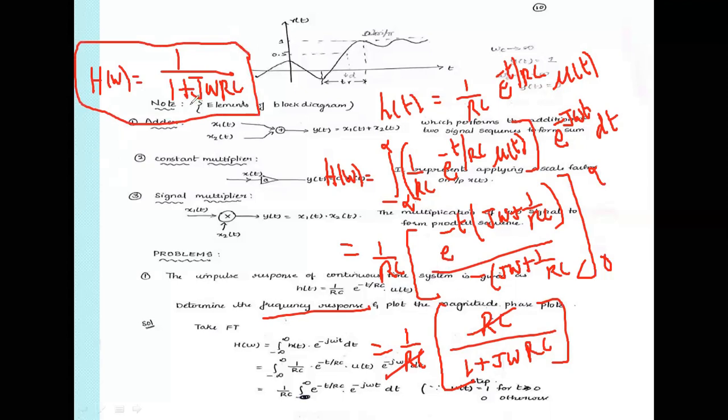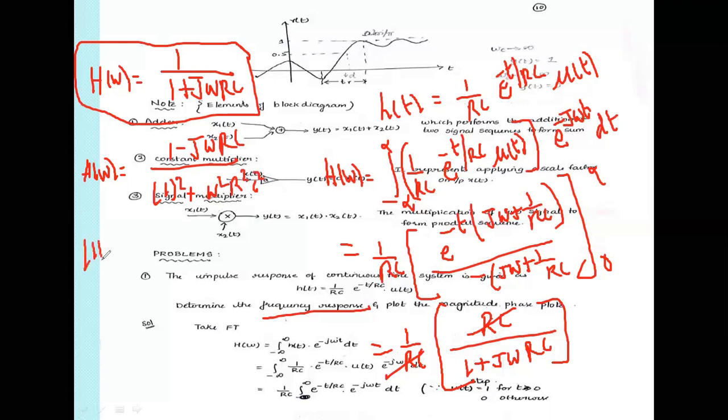To plot the magnitude, H of omega is equal to 1 by 1 plus j omega RC. Rationalize this factor by multiplying with 1 minus j omega RC. We get a plus b into a minus b is a square minus b square. The minus becomes a plus since j square is minus 1, giving 1 plus omega square R square C square, or otherwise omega RC whole square.